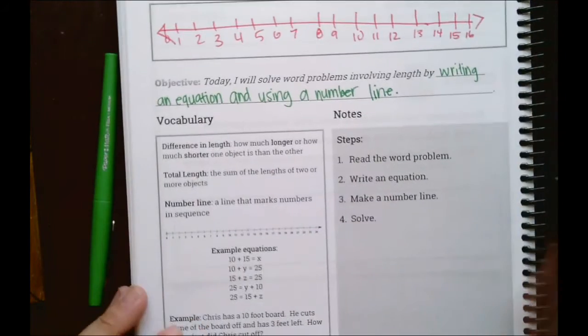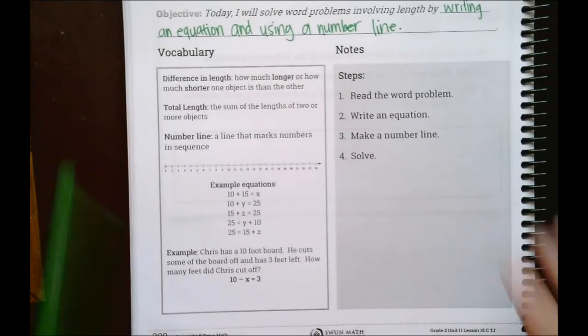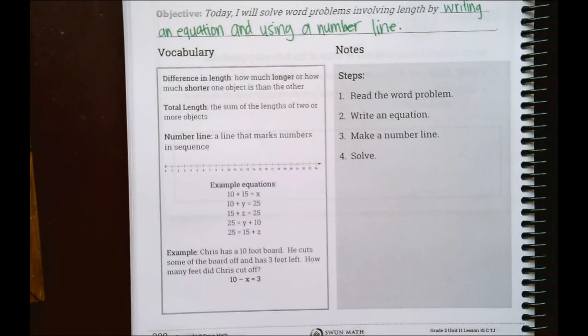All right, our vocabulary. The first one is difference in length. The definition is how much longer or shorter one object is than the other. We've been working with this all week, so when we're talking about the difference, that means we're trying to figure out what is similar or different, right? That means that one is going to be longer and one's going to be shorter. Then the total length is the sum of lengths of two or more objects.